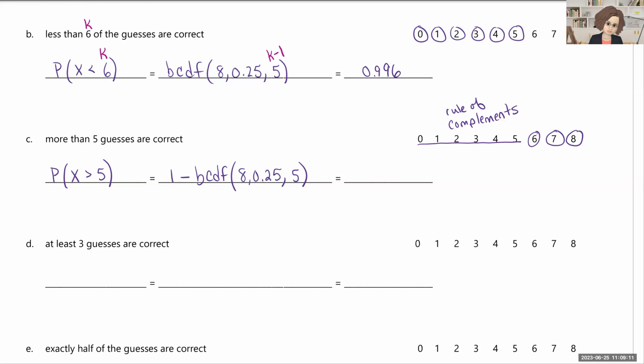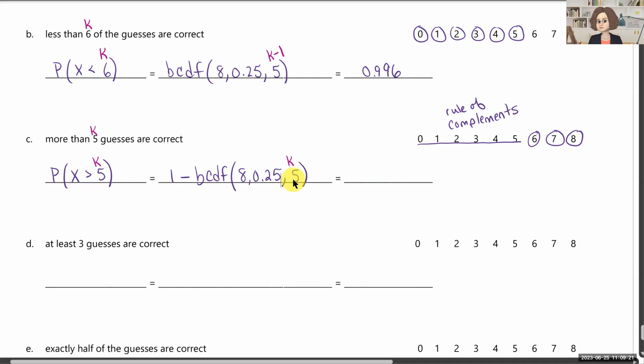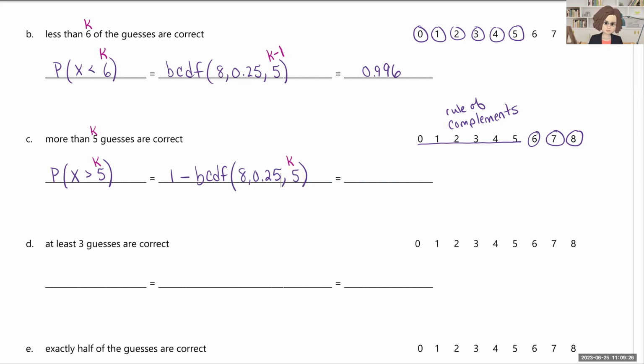So in this case, the more than K, the greater than K case, rule of complements, and you put that value K into that third spot. And that answer is going to be quite a small probability.